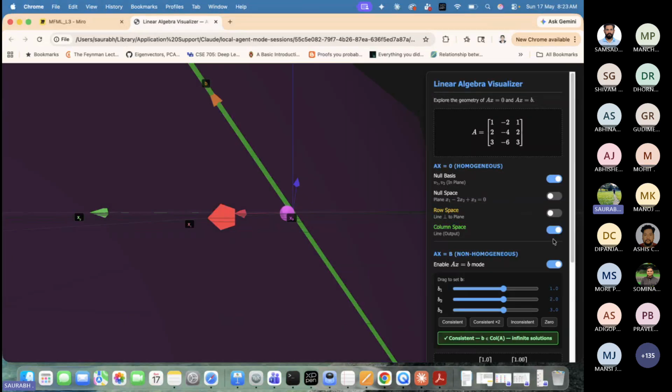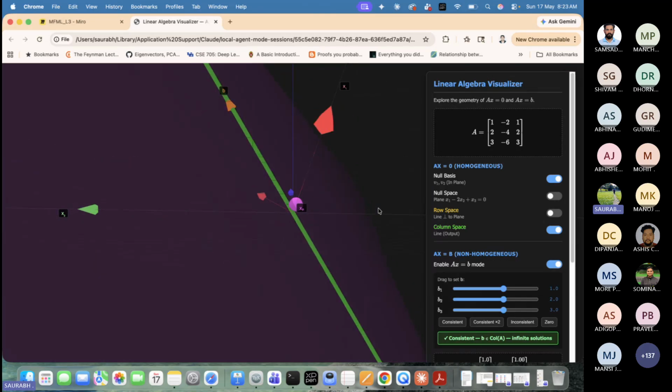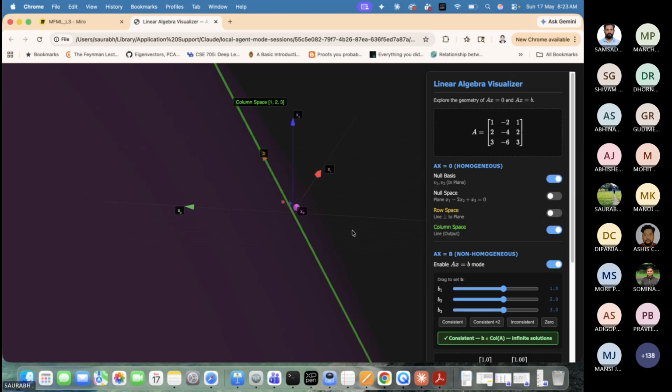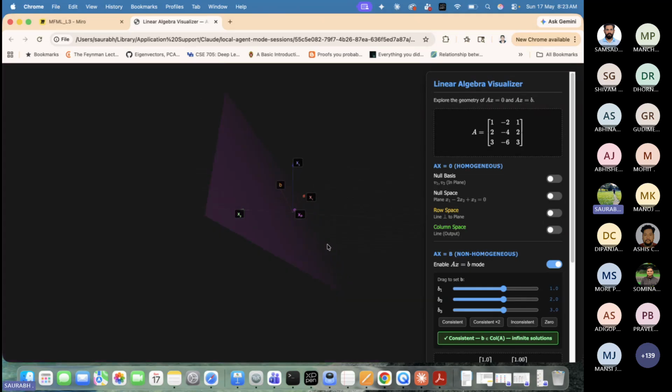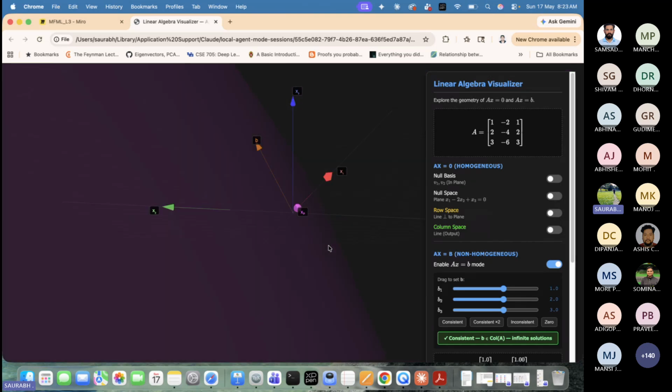Once I enable Ax = b, there are two different things that you would see. Let me remove the null space and also the column space. Now you are able to see the solution space, which is in purple color.